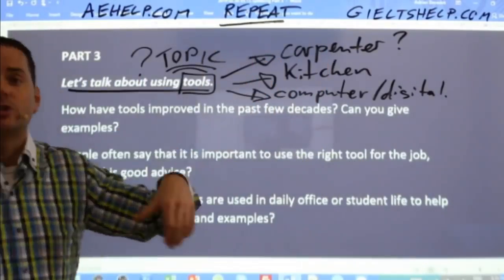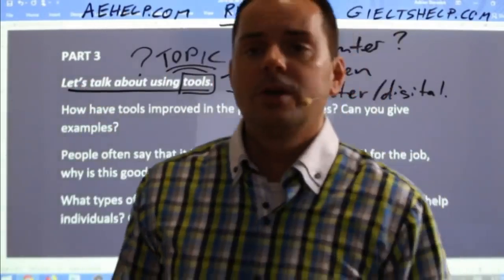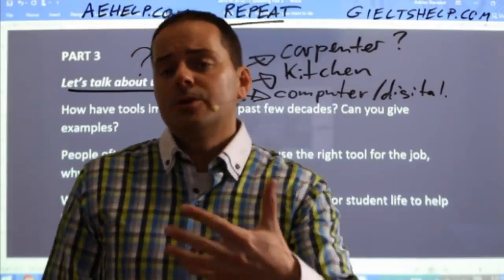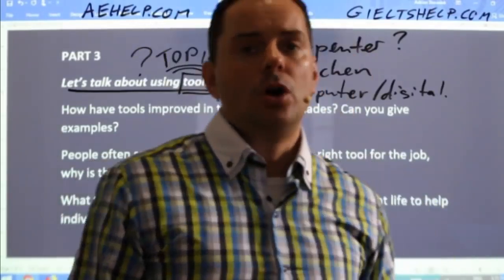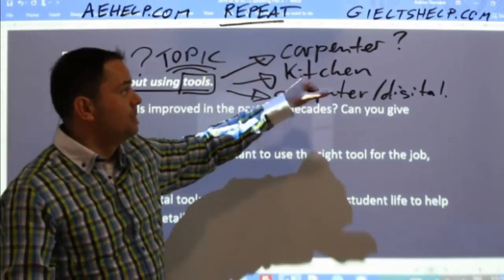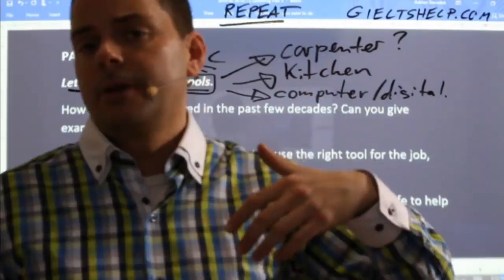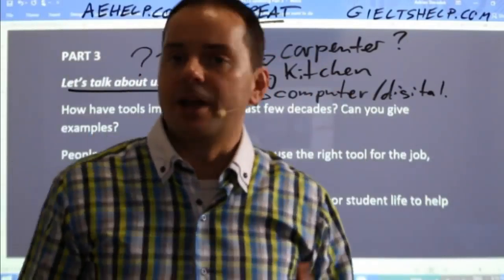Let's talk about tools. Tools for communication, says Baljit Lubana. Absolutely. Okay. What other words should come to mind? So you're thinking of some nouns here, like computer, kitchen, carpenter, hammer, screwdriver, blender, okay, microwave.